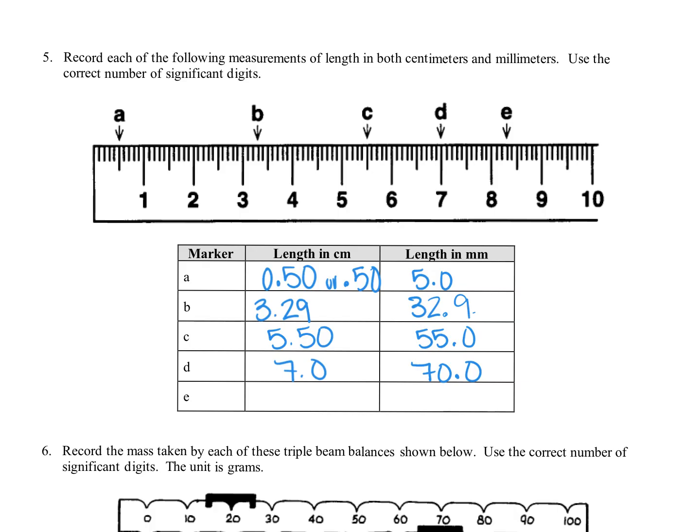What did we get for E? 8.29? Do y'all agree with that one? What do we get for that in millimeters? Okay, 82.9? Good.